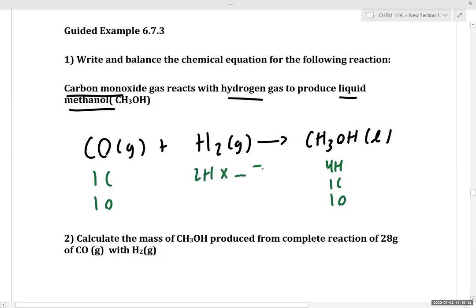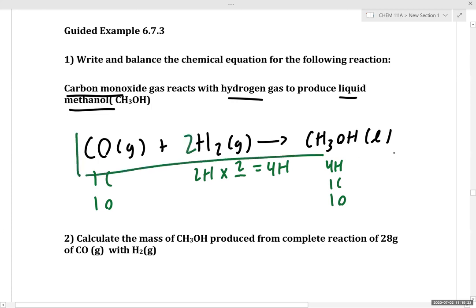So 2 times what would give us our needed 4 hydrogens? What coefficient do we need for hydrogen? 2, yep, there we go.